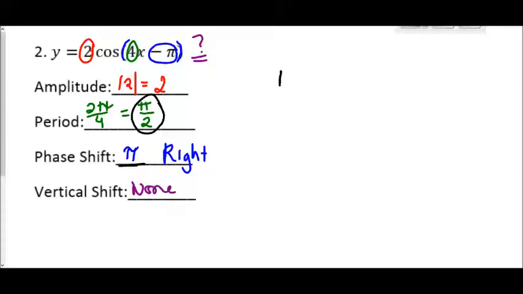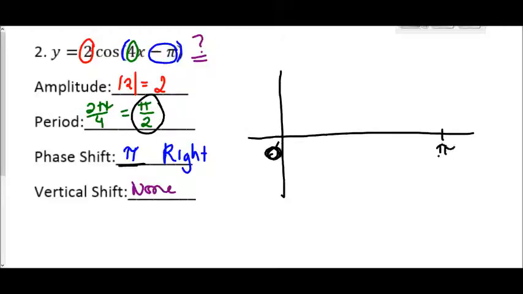So if we were just doing pi over 2, then we'd mark from 0 to pi over 2 and then cut that in half twice, so you'd cut each increment in half. But we need to shift this to the right pi. So we are shifting to the right by pi.